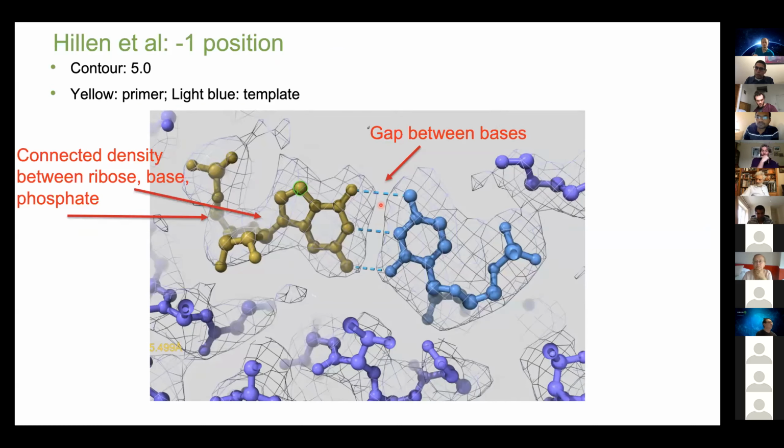These are just a couple of things I noticed going through. The Hillen et al. paper, which is what Alan was showing, looks like the density is quite well defined from what I could see. If I change the contour level, the connectivity is quite good, but you have these gaps between the bases which are seen quite clearly.